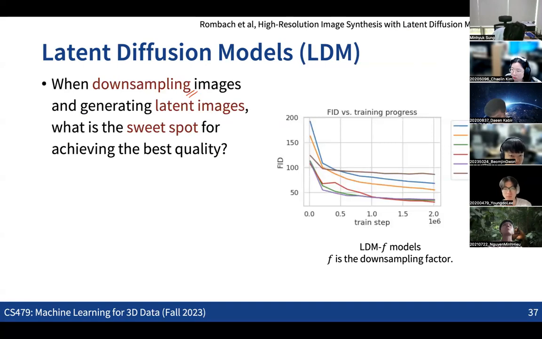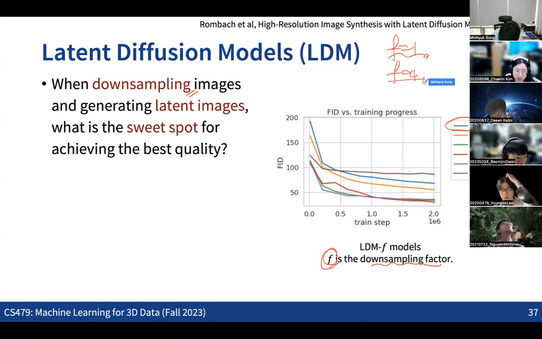Here F means the downsampling factor. When F is 1, there is no dimension reduction, and the original images are used as input. With LDM when F is 4, the resolution has been decreased by a factor of 4, so if you start from 256, it is decreased to 64. As the number F increases, we are compressing the data more, into a smaller dimensional space.